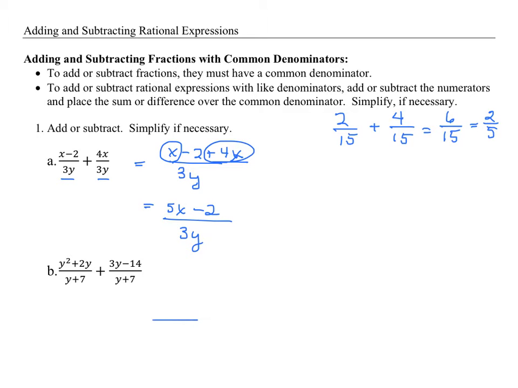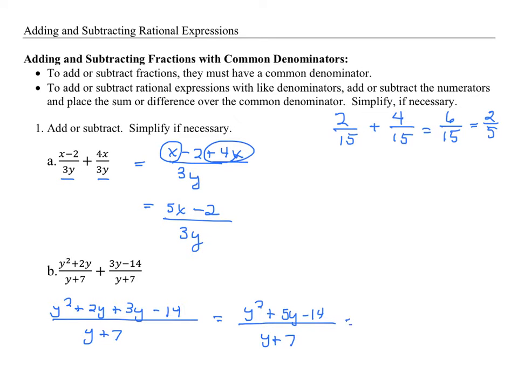So we're going to add the numerators, keep the denominator the same. So it's y squared plus 2y plus 3y minus 14. Combine like terms. y squared plus 5y minus 14. Now, again, I am going to tell you that these problems are probably rigged.